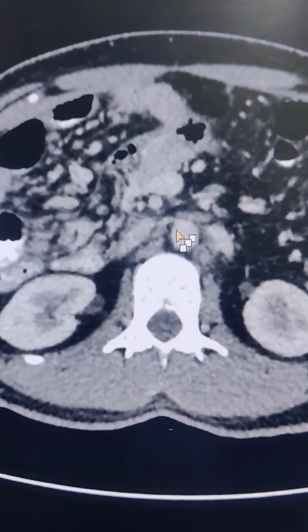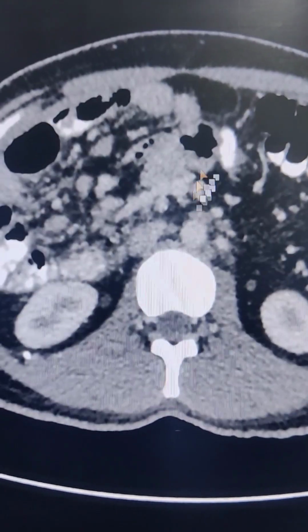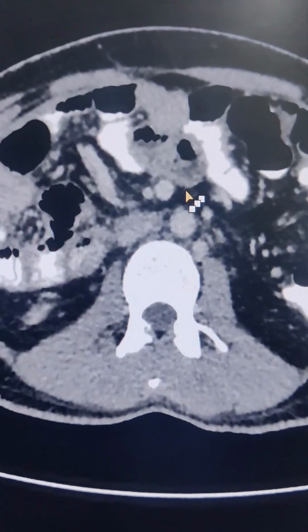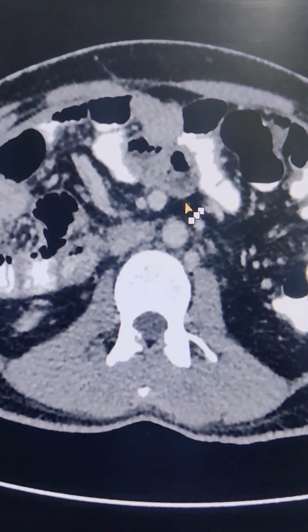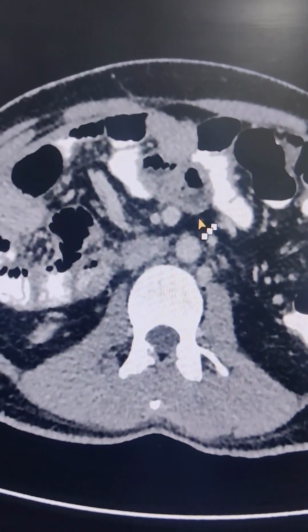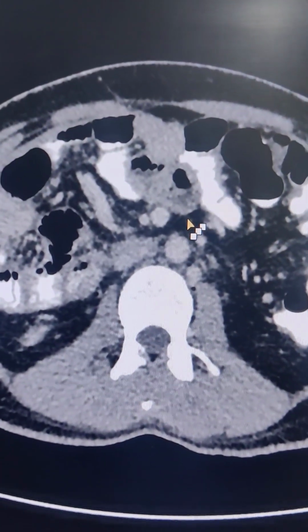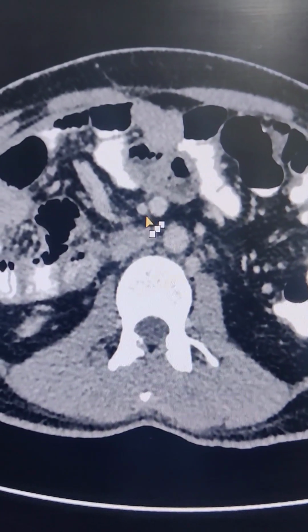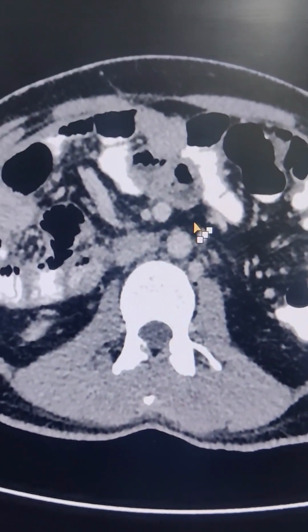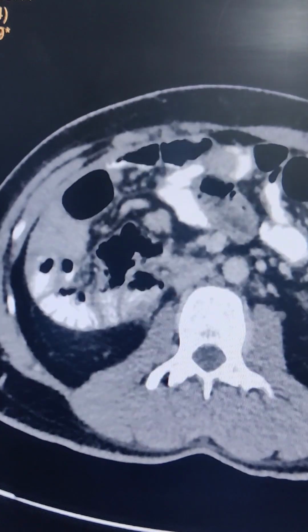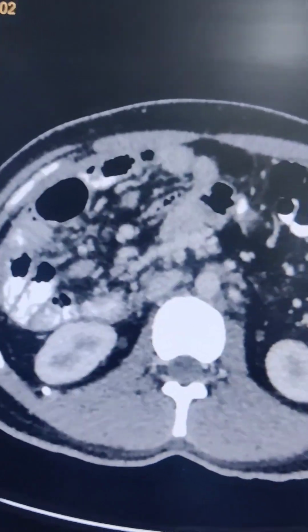This finding is usually associated with midgut malrotation. But this finding in isolation is not diagnostic of midgut malrotation, because it can be seen in normal cases also. So if you find this altered relationship of SMA and SMV, you need to look at the bowel positions. Only then can you diagnose a case of malrotation or non-rotation.